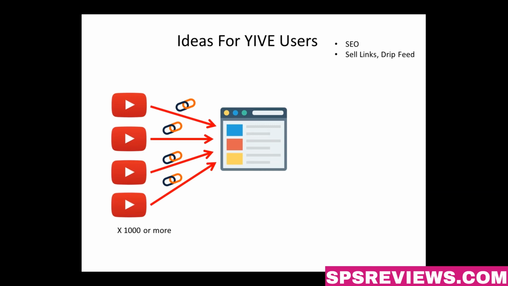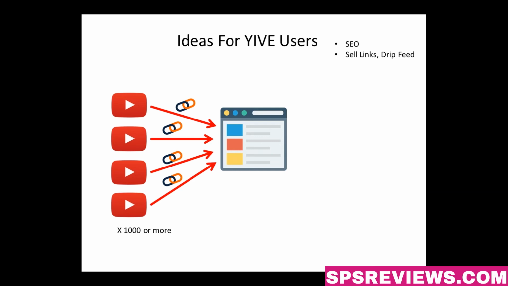And most of them offer some package of social signals. YouTube and YouTube links have some power and validity to them for SEO. What makes YIVE make that more powerful is that if you have links to a client or one of your own websites from multiple channels, that gives it a lot more power.